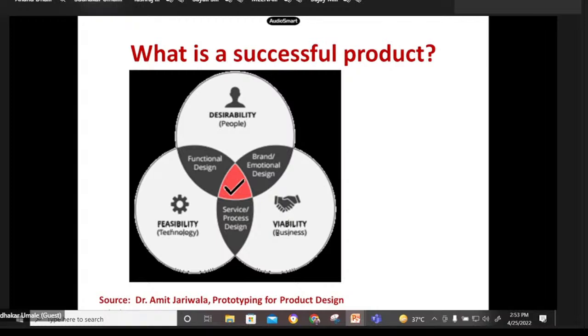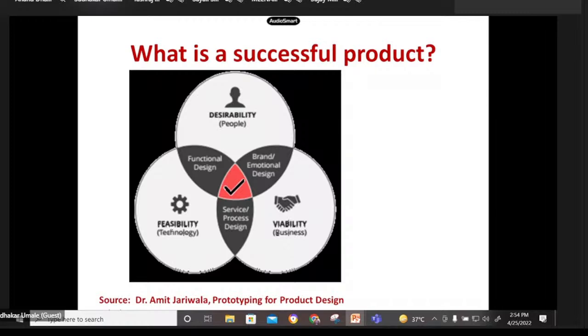When we have desirability and feasibility, meaning technology and people, always we concentrate on functional design because people require functions of each product in a good manner.